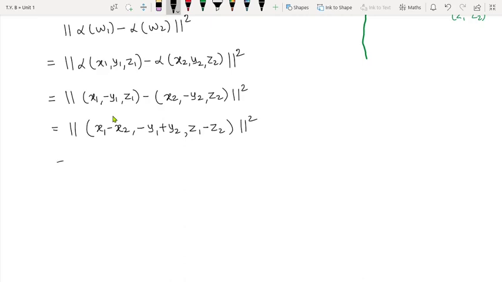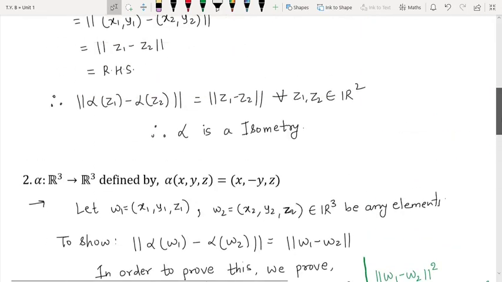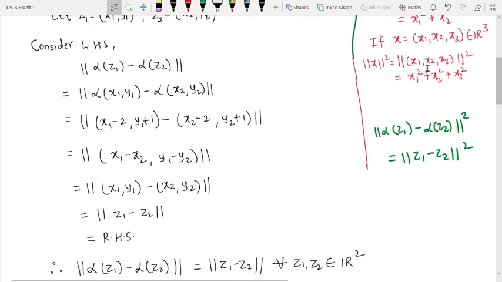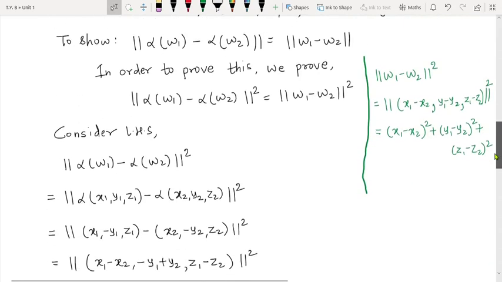Now what will this be? Again we have to use the result we saw earlier: the norm square of an element of R3 is nothing but the coordinates squared and added.